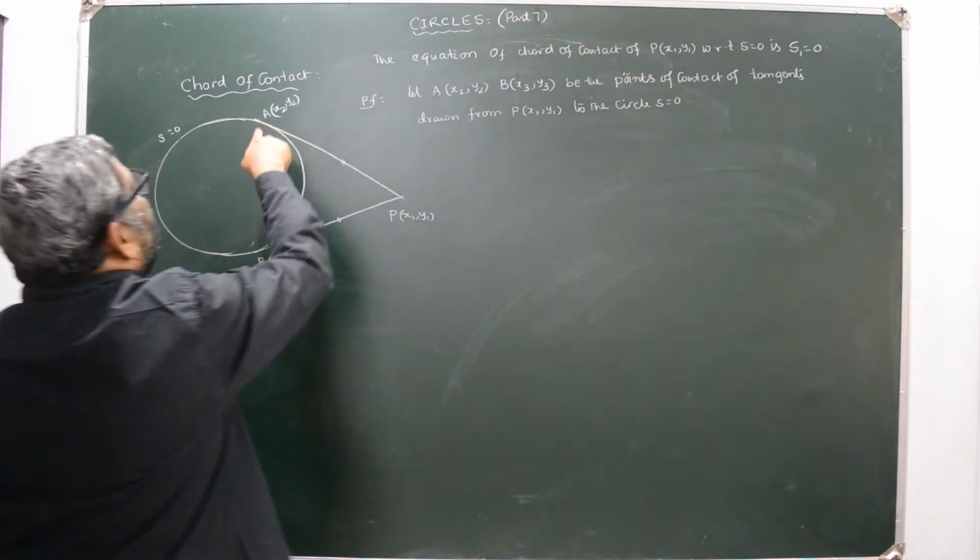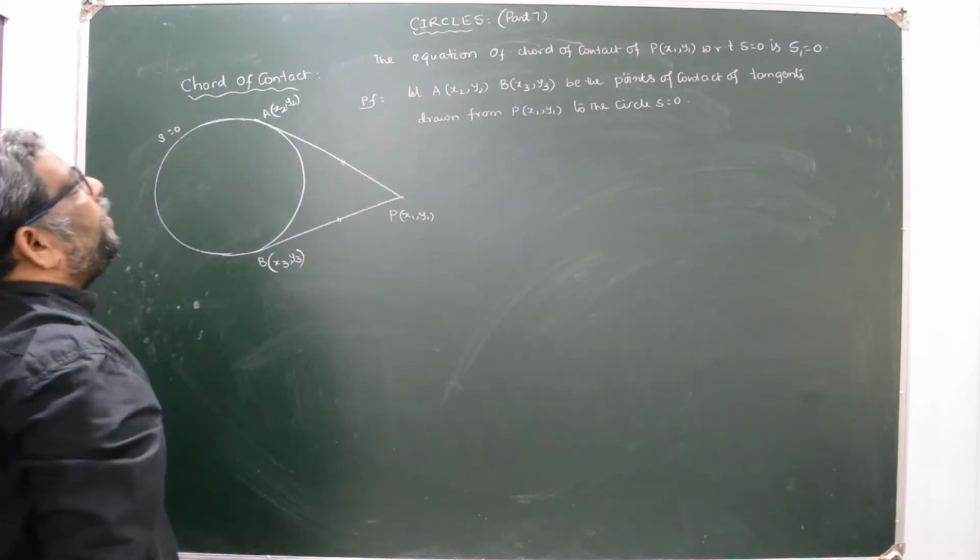Now, these two points are on the circle, so you can find the equation of the tangent at the point A.